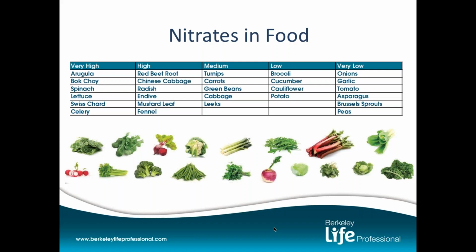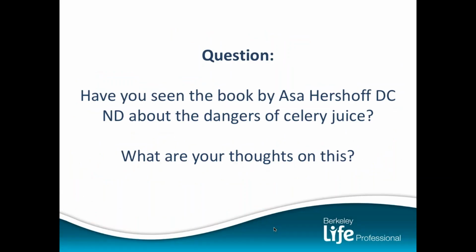So spinach from one region will have a different concentration than spinach from around New York City, let's say. Next slide. So that's why I like giving a set milligrams of nitrates, like in the Berkeley Life, so you know exactly how much you're giving somebody.